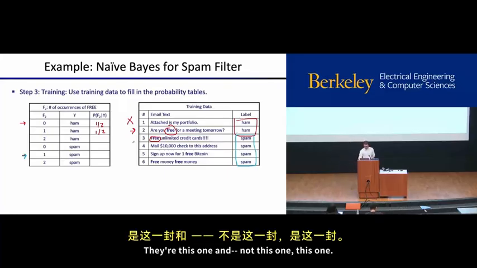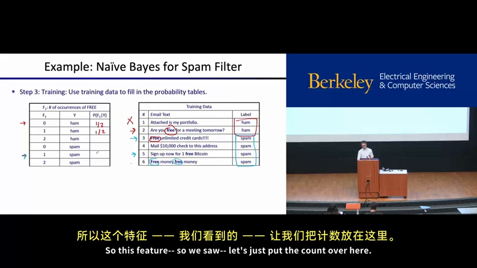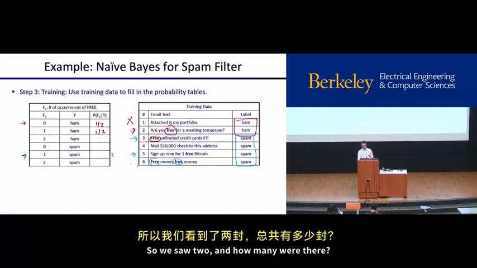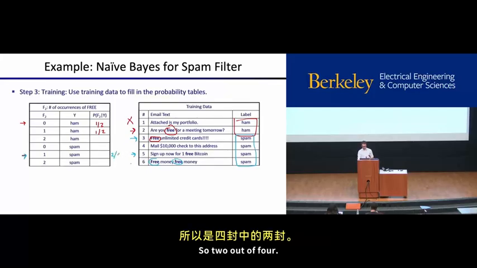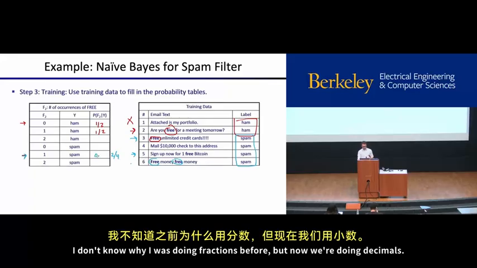Which ones are they? They're this one, and not this one. This one. Right? This one has 2 here and here. So that doesn't count. So we saw, let's just put the count over here. So we saw 2. And how many were there? There are 4. So 2 out of 4. So then our probability could be like a half. I don't know why I was doing fractions before, but now we're doing decimals.